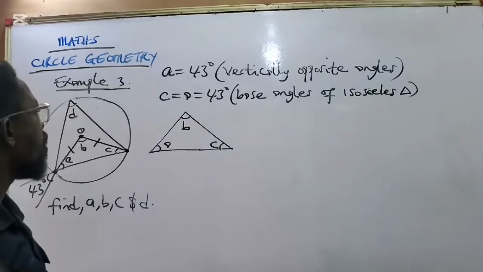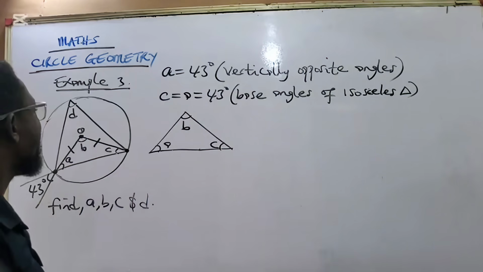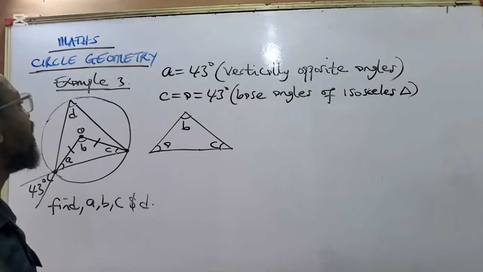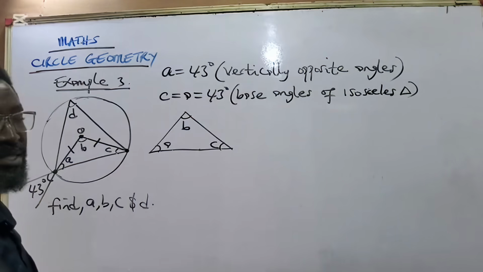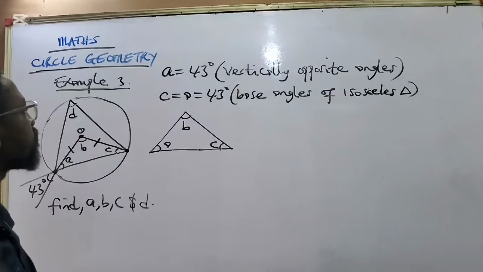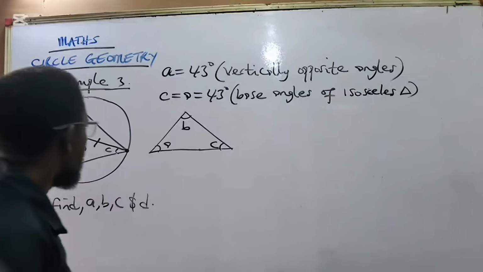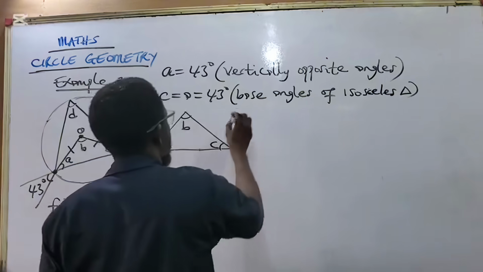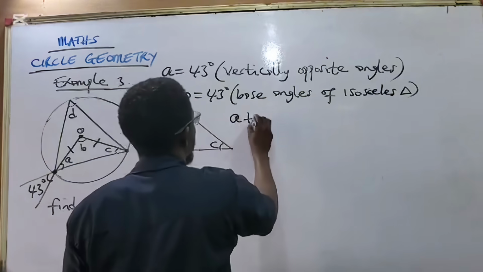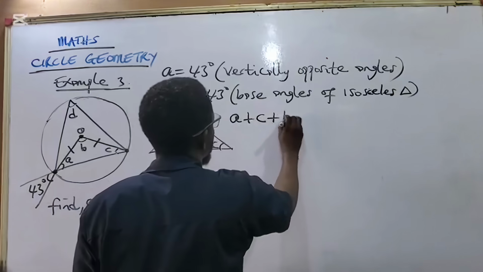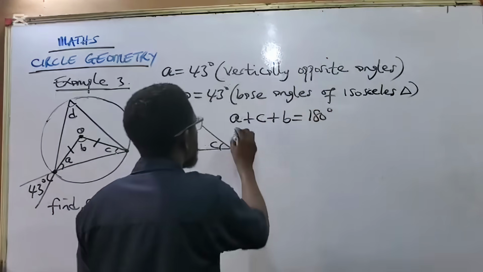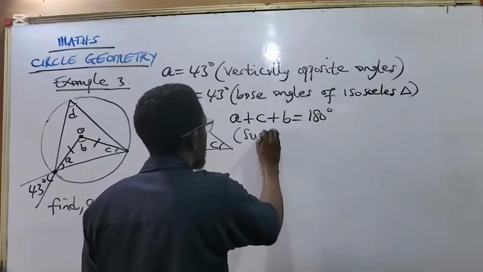The sum of angles in a triangle is 180 degrees. Since I know that this is a triangle, A plus C plus B equals 180 degrees.